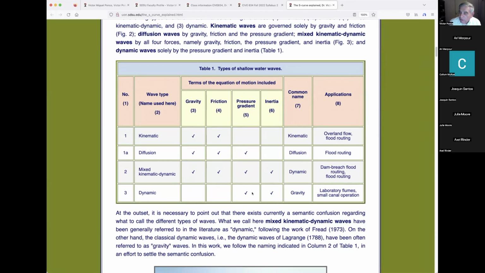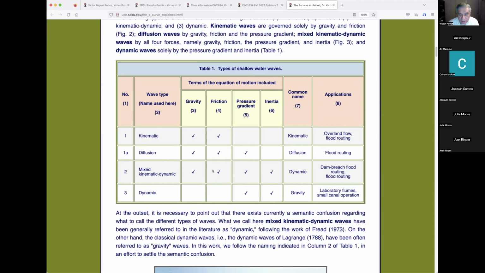So 240 years ago, Lagrange was saying that the pressure gradient and inertia combined create the dynamic wave. But then in 1973, almost 200 years later, somebody came and said that the whole thing in here is dynamic wave. So it's a confusion between what Lagrange called it 220 or 240 years ago, and what Fred called it in the year 1973.